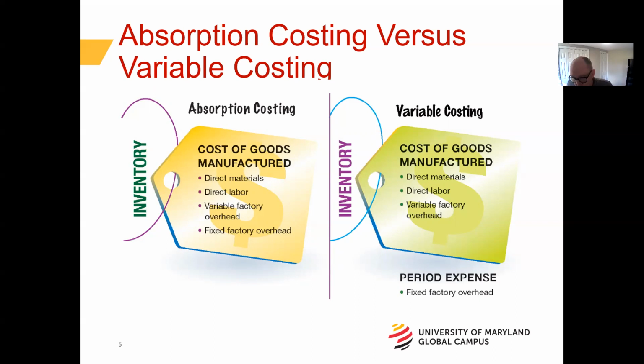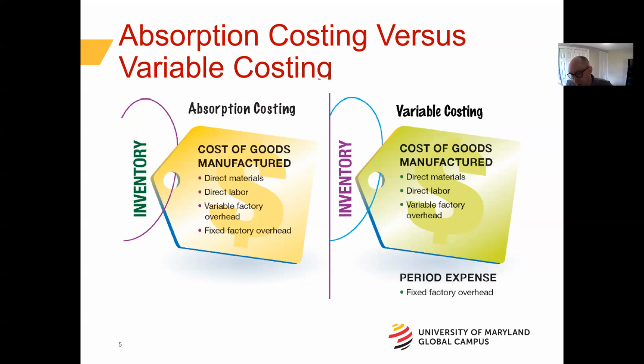Makes perfect sense. Under variable costing, we include direct materials, direct labor, and variable factory overhead in our cost of goods manufactured.